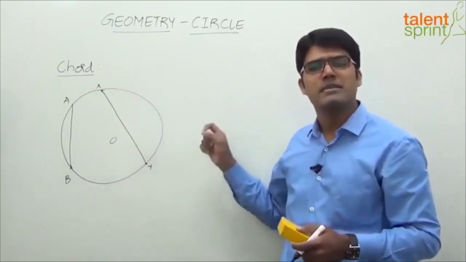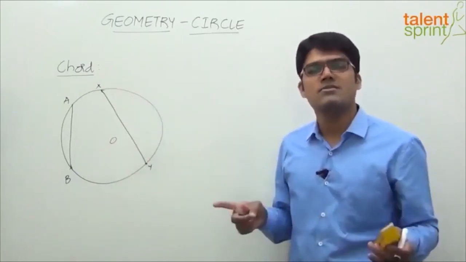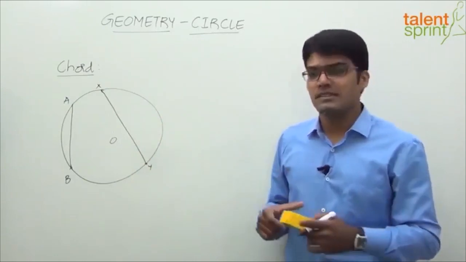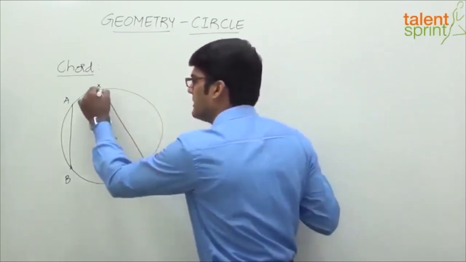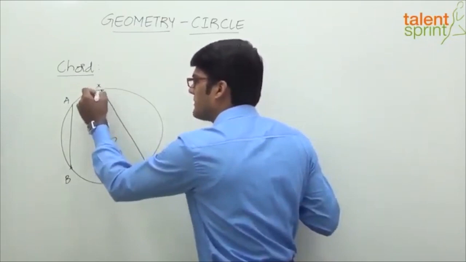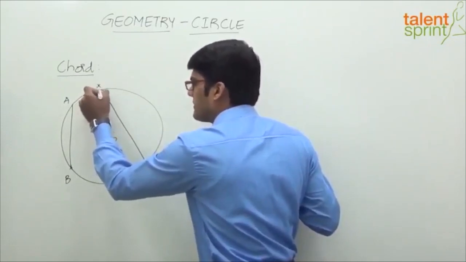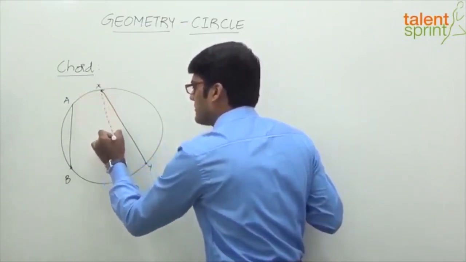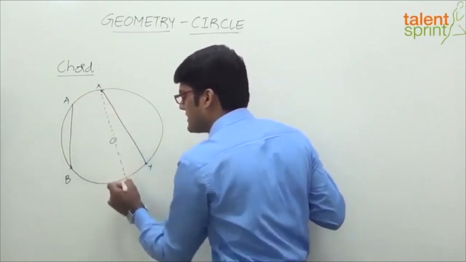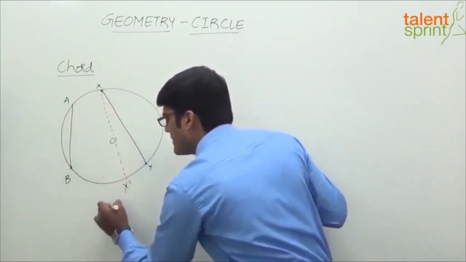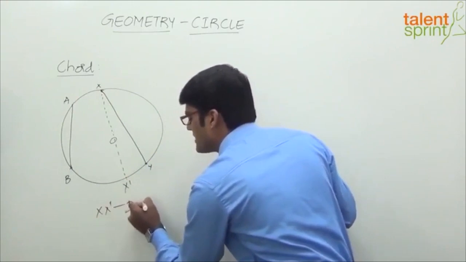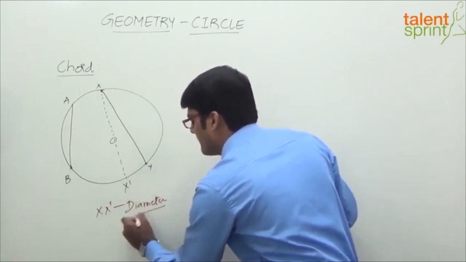Any chord that passes through the center is the largest chord, which is nothing but the diameter of the circle. For example, if you connect these 2 points, let's say this is X, X dash, then XX dash becomes the diameter of the circle, which is the largest chord.